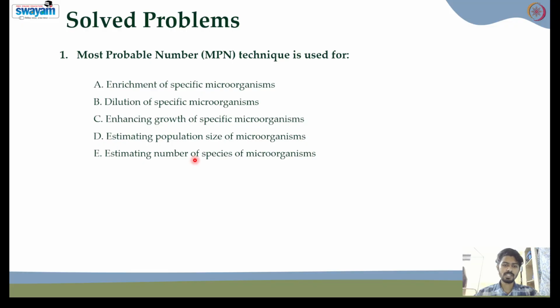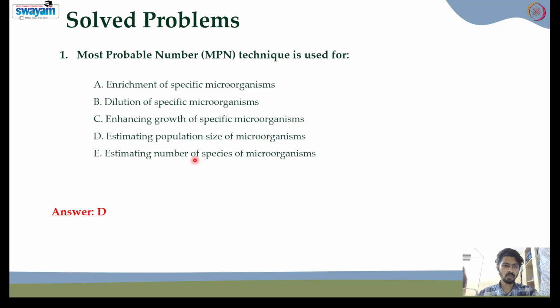Estimating the population size of microorganism. Let's see the answer. Yes, it is correct. Option D, estimating the population size of microorganism.